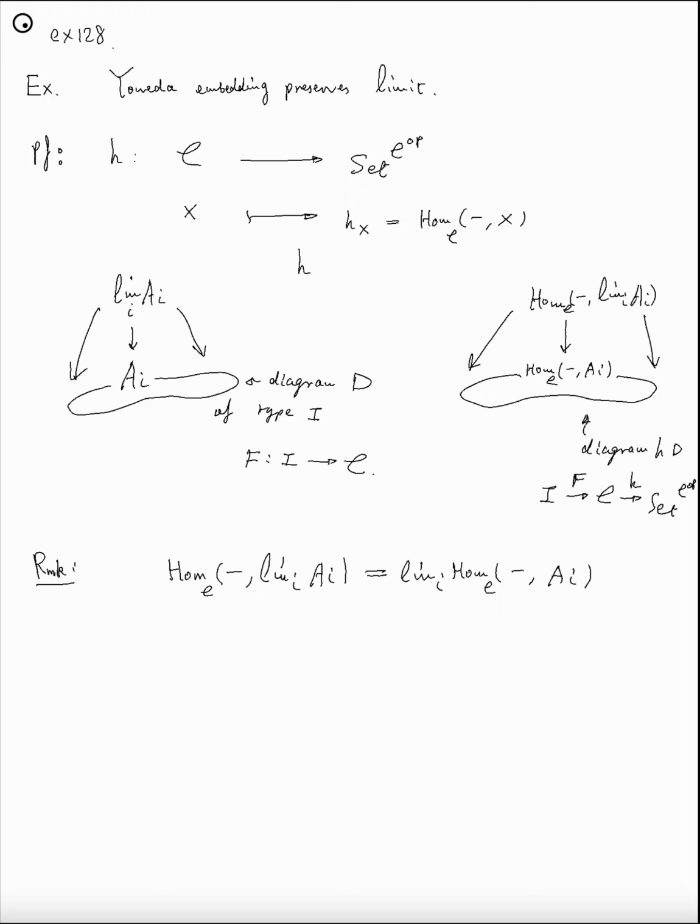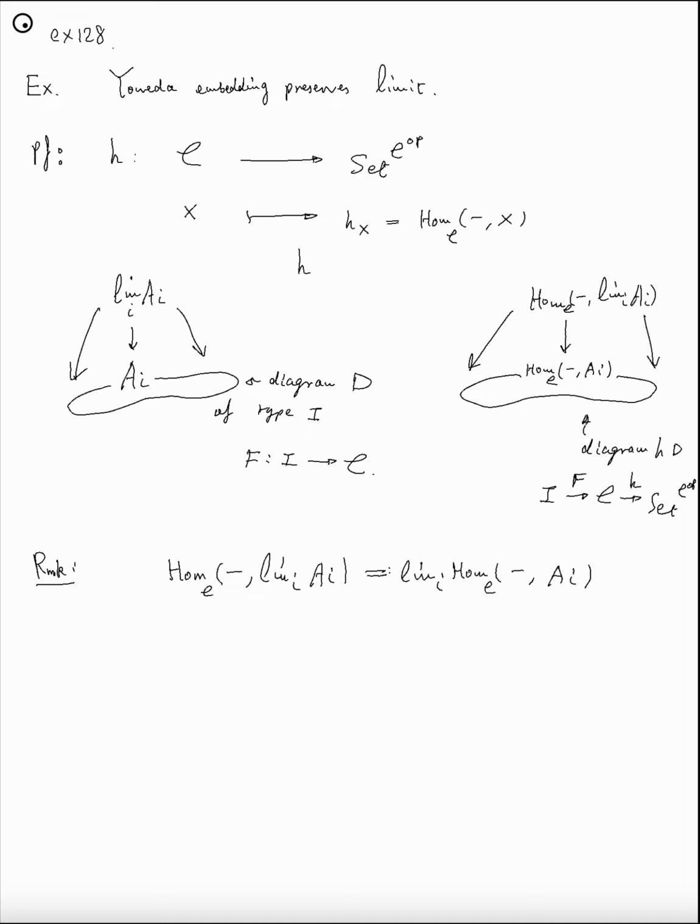If we know that the limit exists in this category of sets over C up, then I could define the limit to be this one. Well, this was not quite true.